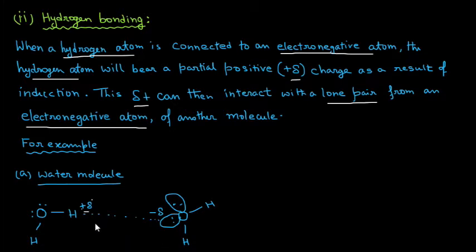So this hydrogen can attract or interact with a lone pair of electrons of another molecule. This is another molecule. So this hydrogen is interacting with the lone pair of the other molecule. This dotted line is called a hydrogen bond.